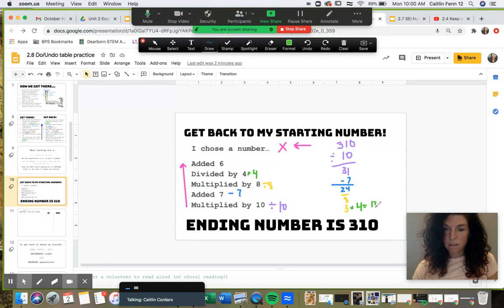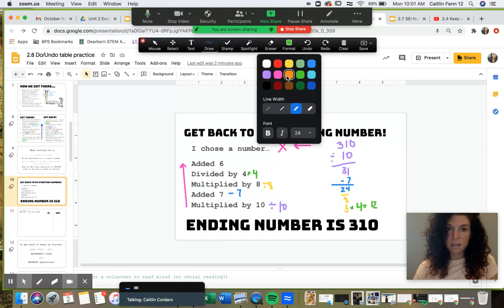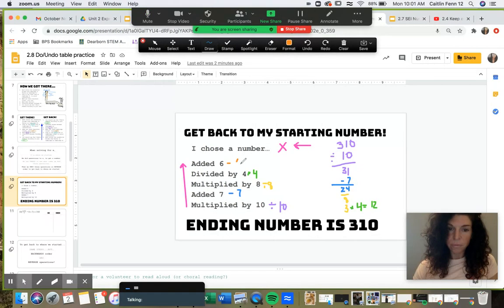Instead of adding 6, we're going to subtract 6. And so now you know my starting number was 6. I started with 6, I did all these steps, and I ended with 310.